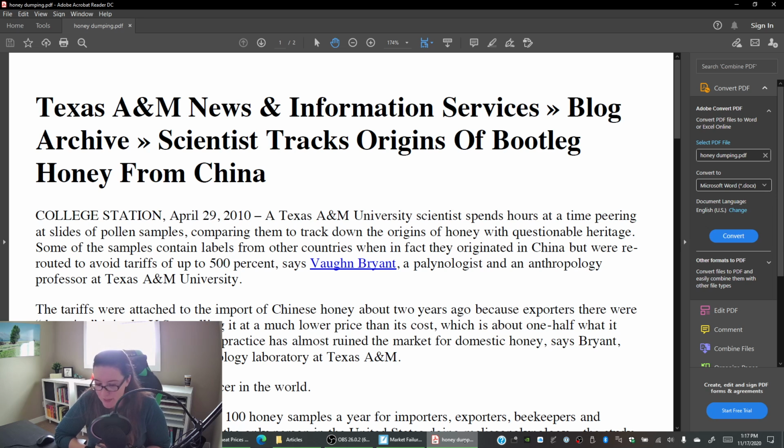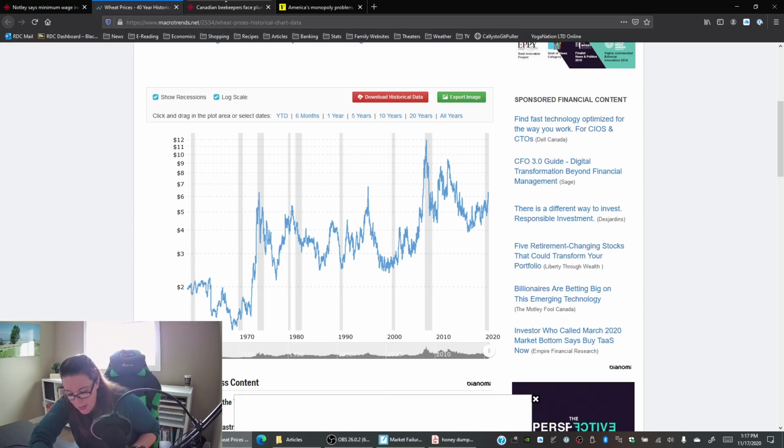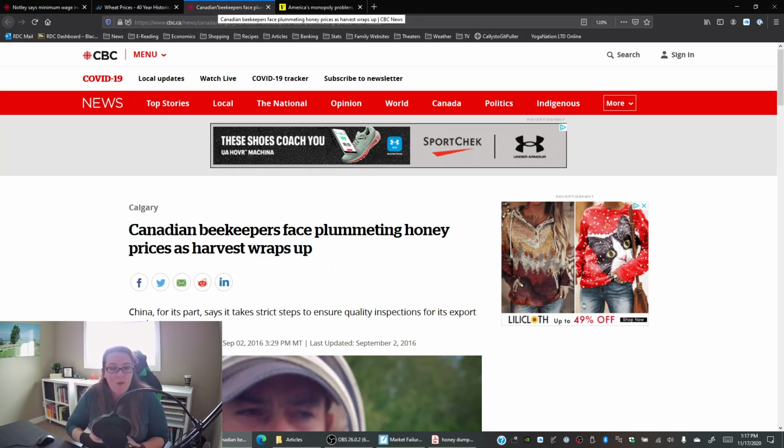It turns out this honey was coming from China. And what China was doing is they were funneling the honey through a number of wholesalers and exporters in Germany and other countries to disguise where it was coming from, and then putting it in the North American market.